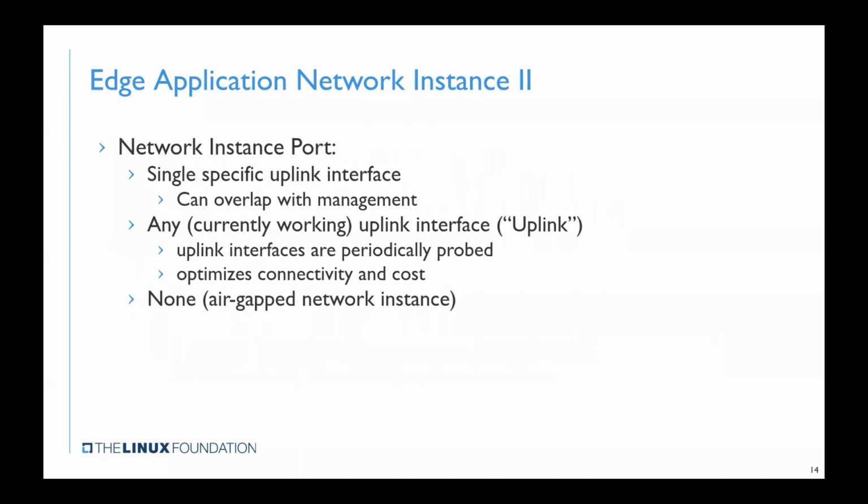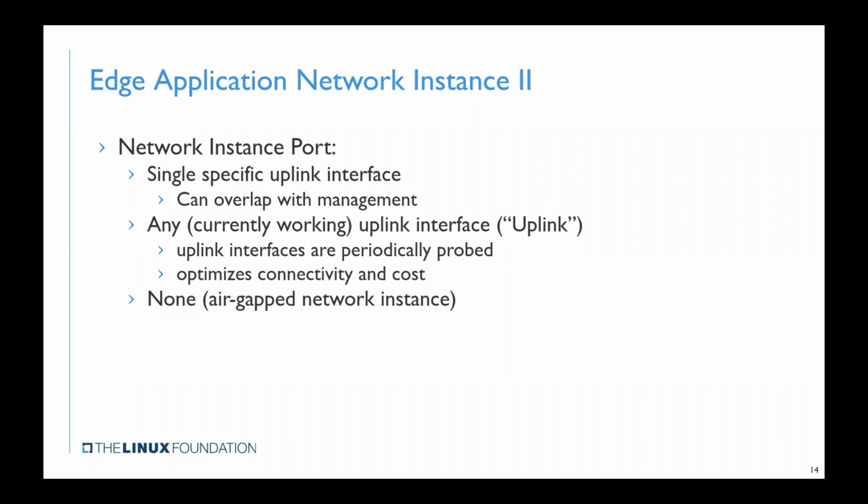Now, as I mentioned, these network instances, on one hand, provide connectivity between applications on the same device, but often applications need to communicate with some external endpoints. So the network instance in that case needs to be associated with some uplink port, with some physical network adapter. It can be a single specific uplink interface. It can even be one that is already used for management, or one that will be used only for applications.